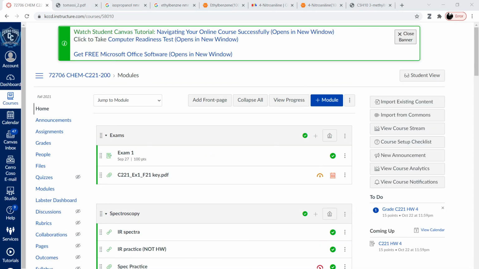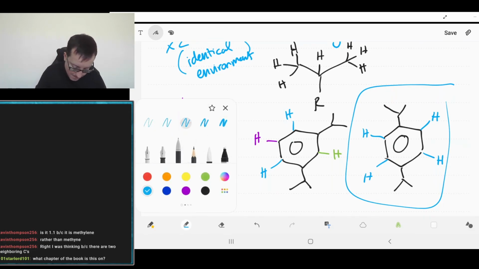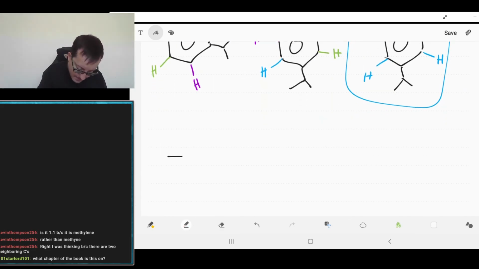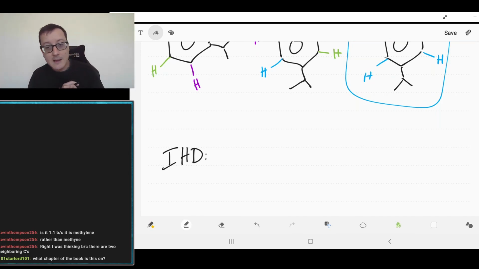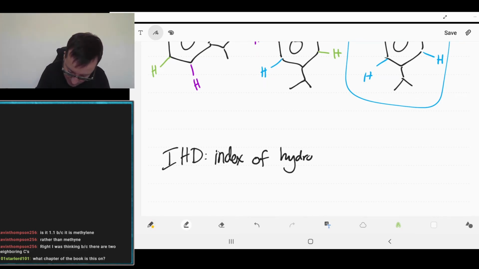All right, there's one more last hint I'm going to give you, and then our last video will be on carbon NMR. By looking at the molecular formula, it's going to give you hints about how many double bonds and such you might have. This is the index of hydrogen deficiency.